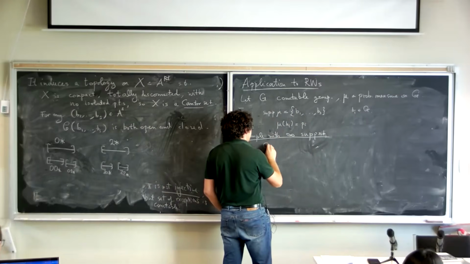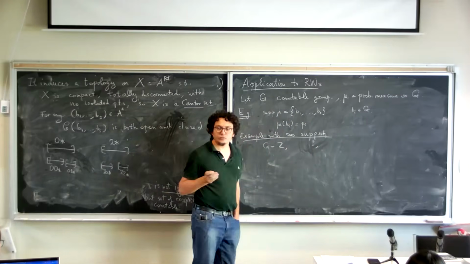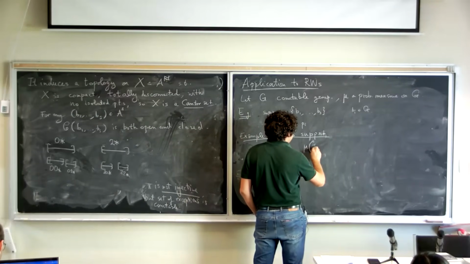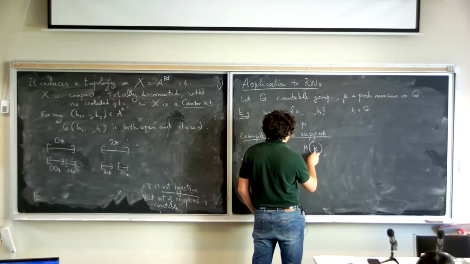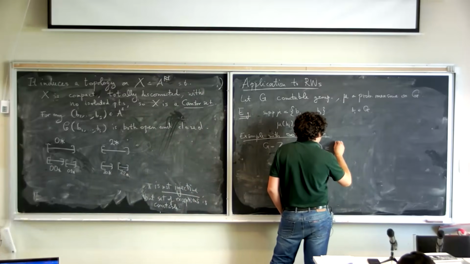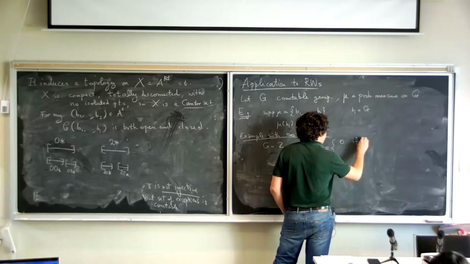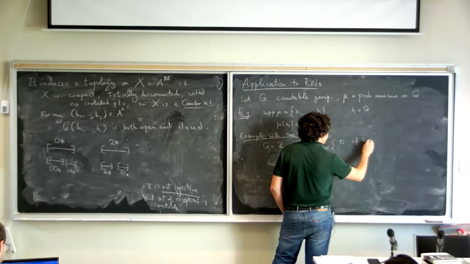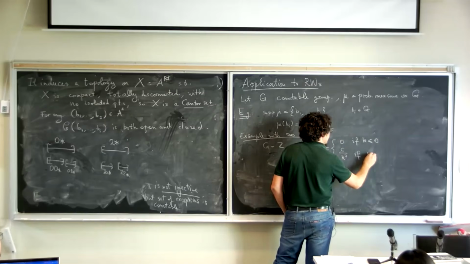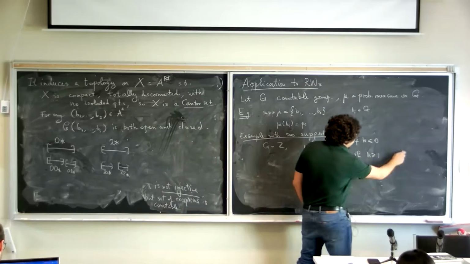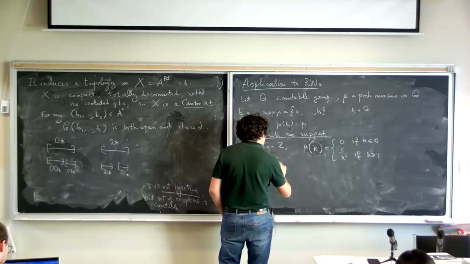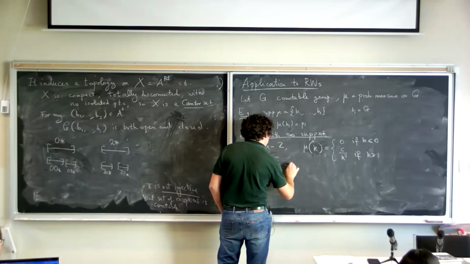For instance, if G is Z, you could say that mu of K, of the integer K as an element of Z, is 0 if K is less or equal to 0, and C over K squared if K is at least 1, where C is some constant that you choose so that the total sum of C over K squared for K bigger than or equal to 1 is 1.